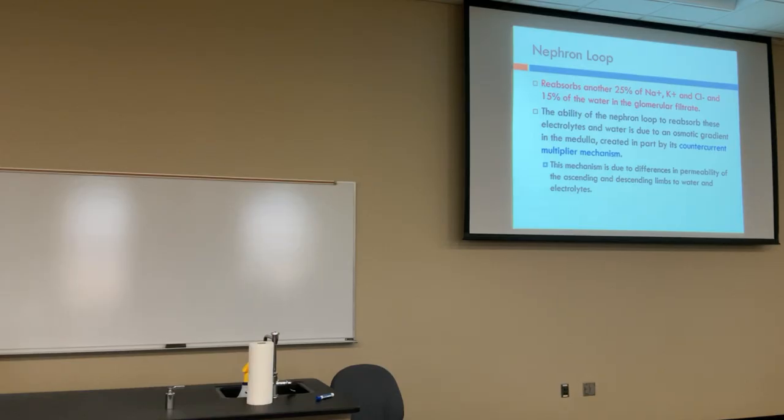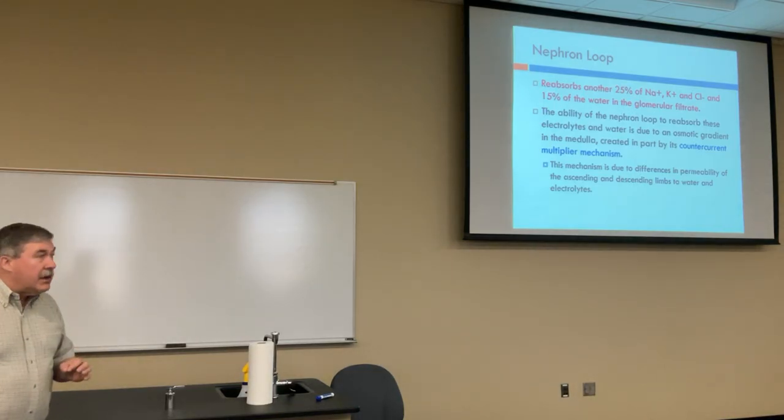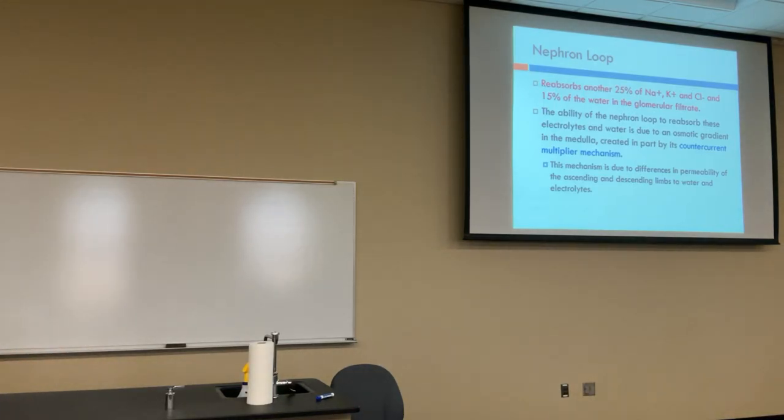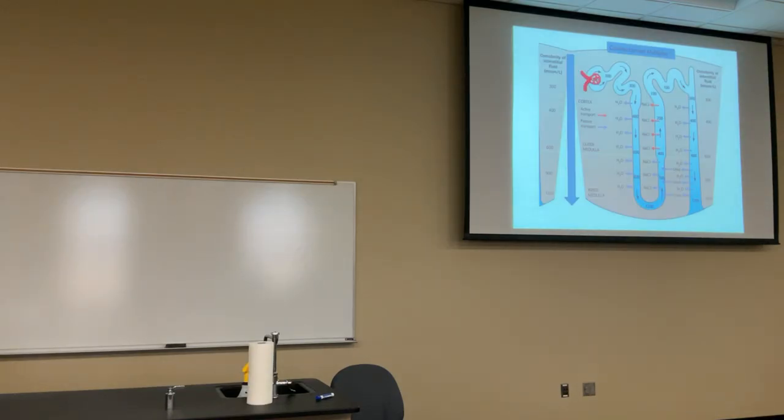That's one of the things we're going to be looking at today. That mechanism is due to differences in the permeability of the ascending and descending limbs of the nephron loop to water and electrolytes. So let's take a look at a diagram of the nephron.